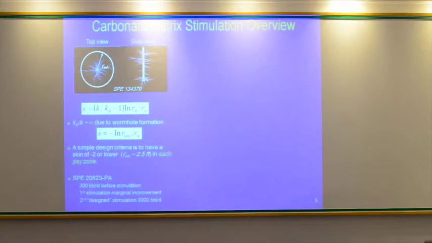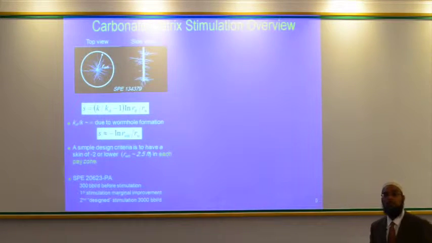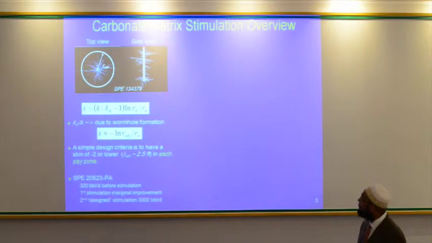Okay. Now these are some more images of wormholes. This is a top view. It shows the radius around the wellbore where it's wormholed. These are very high conductivity channels, and the radius of the wormholing region is usually many times the conductivity of the matrix, right?